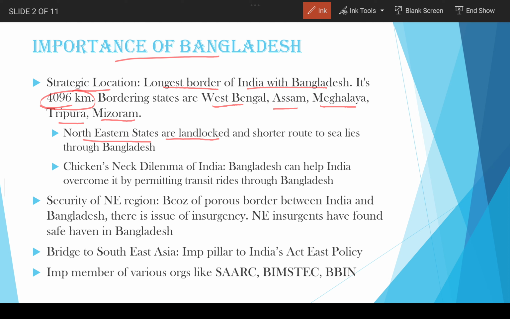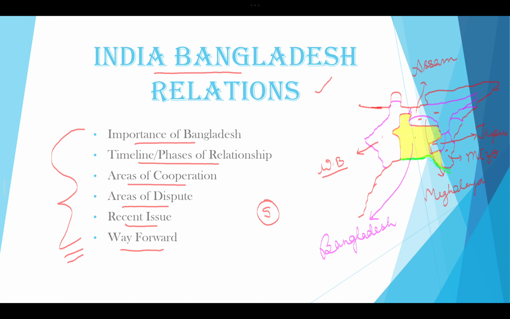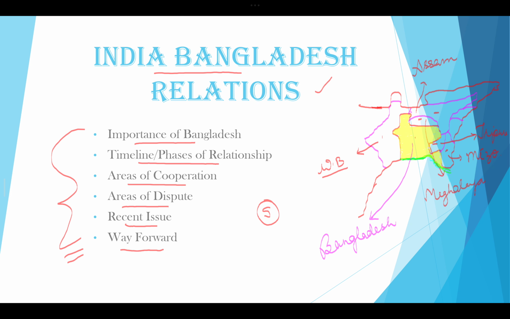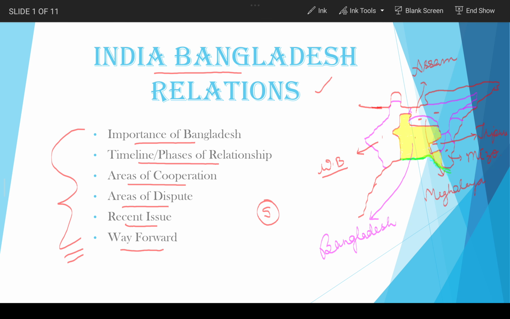Okay, and another thing we will be talking about is that the northeastern states are landlocked and the shorter route to the sea lies through Bangladesh. See, look in this map, this green line is actually the maritime boundary of India-Bangladesh, we can say, through which Bangladesh is connected to the sea, whereas these northeastern states of India are actually landlocked.